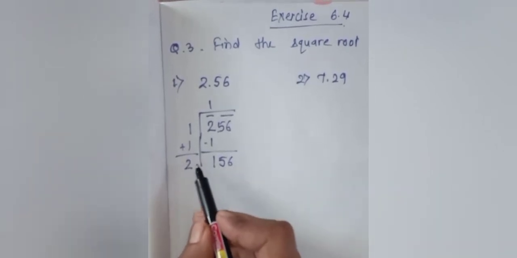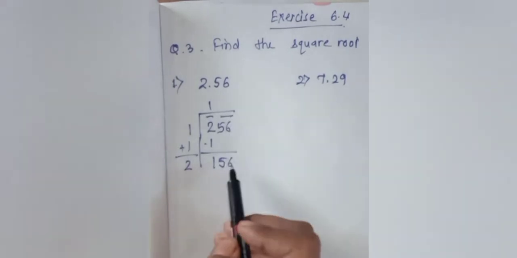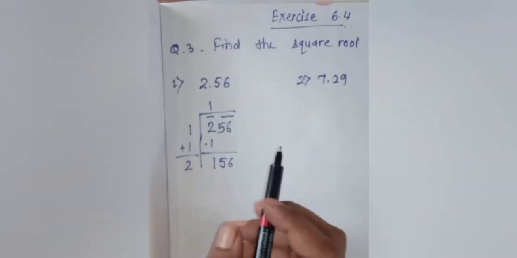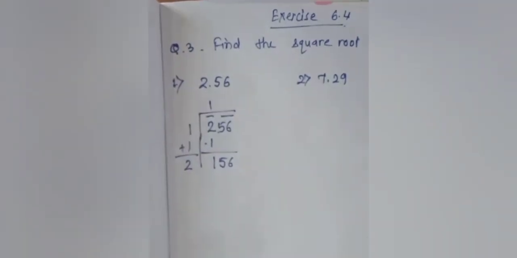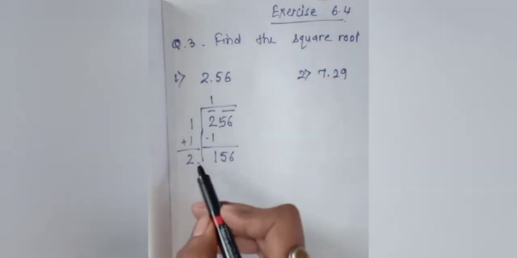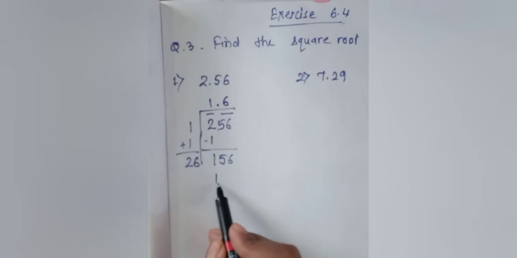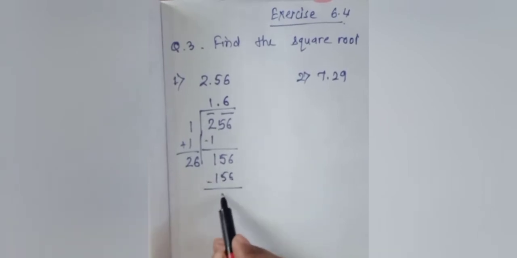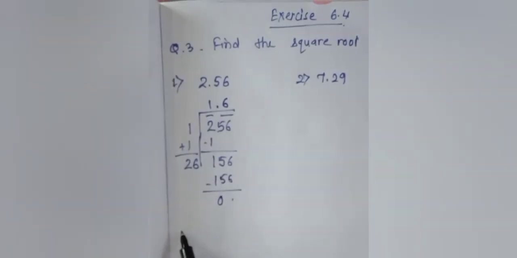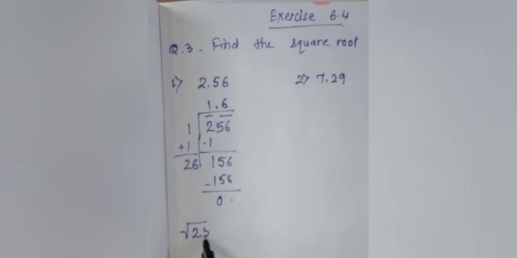Finding the square number which is less than or equal to 156, we will multiply by 6. Putting the decimal, 26 into 6 is 156, so therefore we can say that the square root of 2.56 is equal to 1.6.